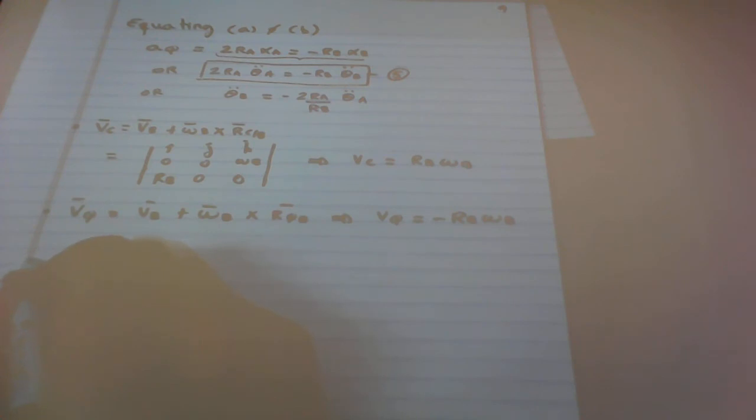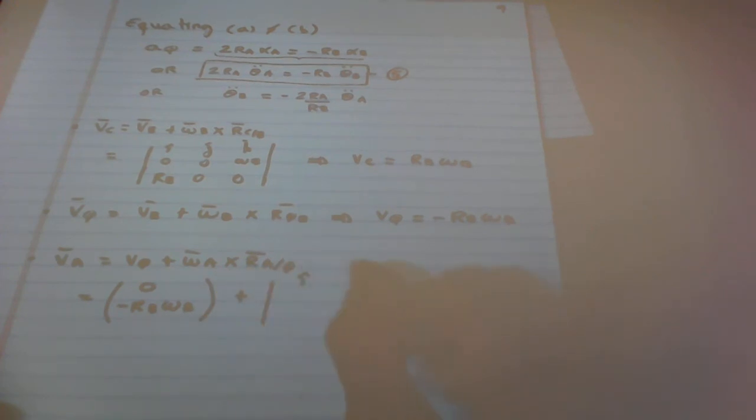And now we can find the velocity of point A from point Q. So this will give us dx, 0, 0, omega sub A, and what would be the position of A with respect to Q?